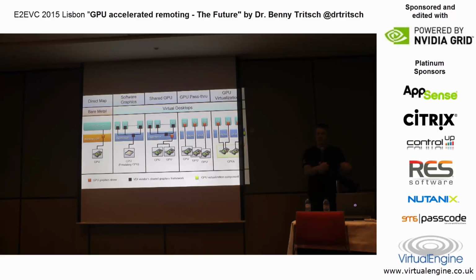GPU virtualization is based on multiple users sharing a GPU, but with a native driver that comes from the vendor, allowing you to use all graphics formats. If you have some of the shared GPU approaches, it is not the same functionality, because Microsoft, for example, is using API intercept.